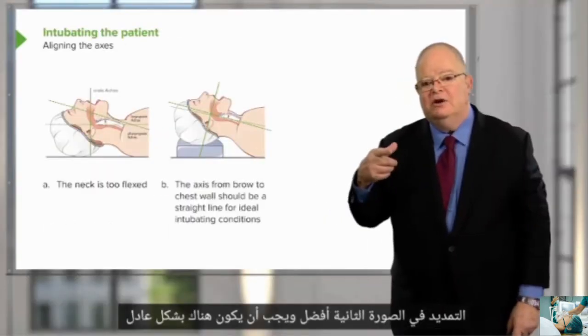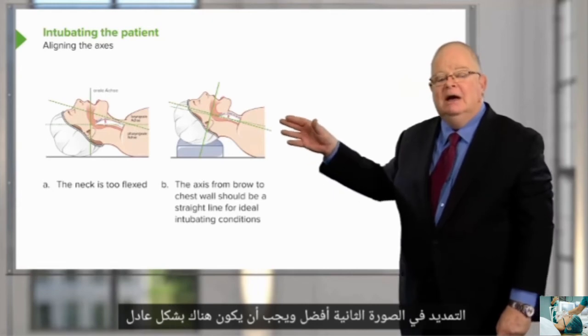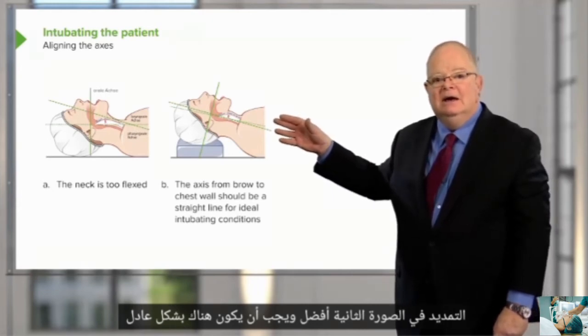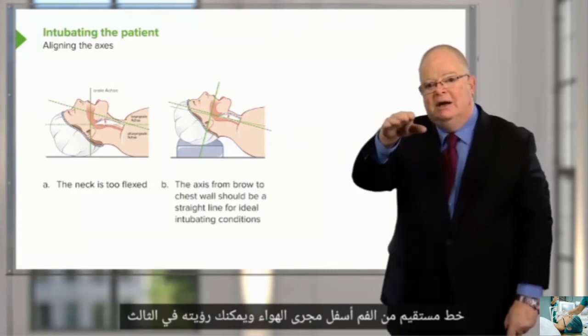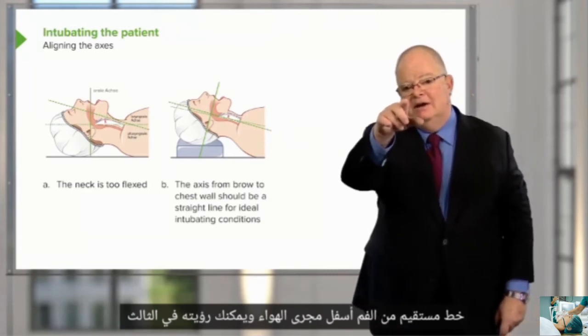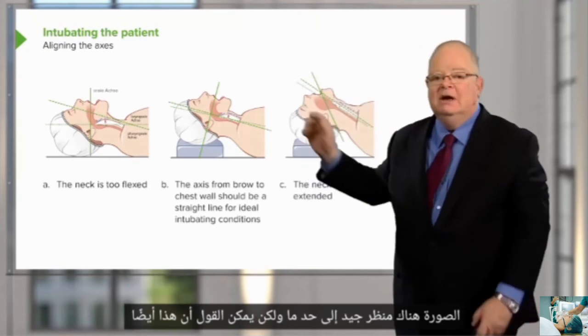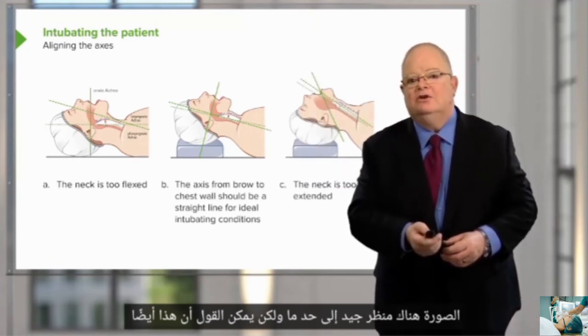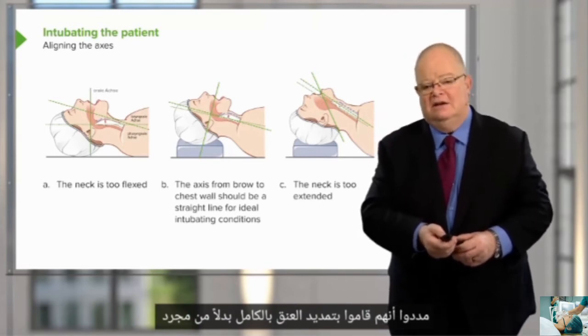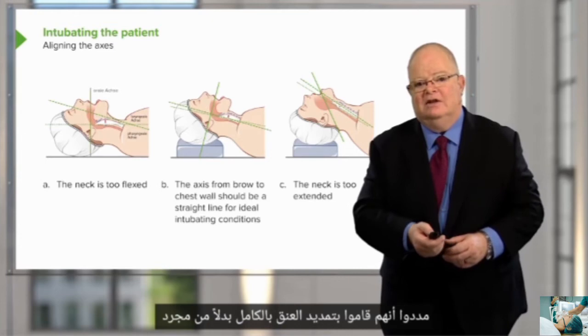In the second picture, it's better, and there should be a fairly straight line from the mouth down the airway, and that you can see in the third picture. There's a fairly good view, but it could be argued that this is too extended, that they've extended the whole neck rather than just the atlanto-occipital area.